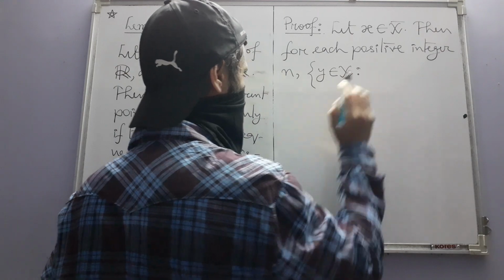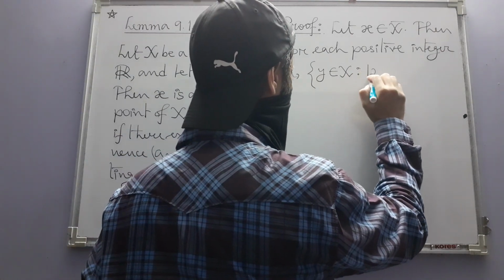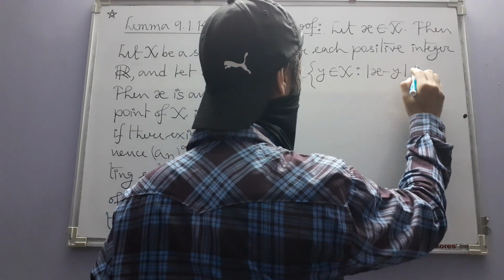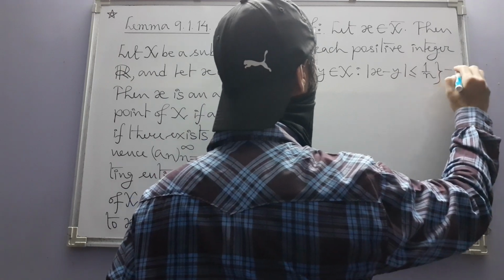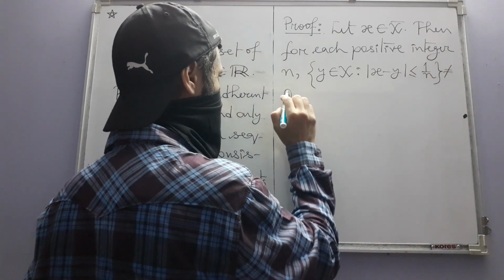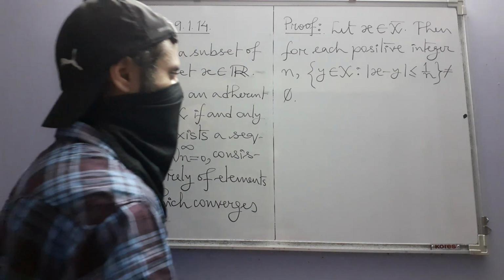The set of all elements y in X such that the distance of y from x is less than or equal to 1 over n. This set is non-empty. But why?